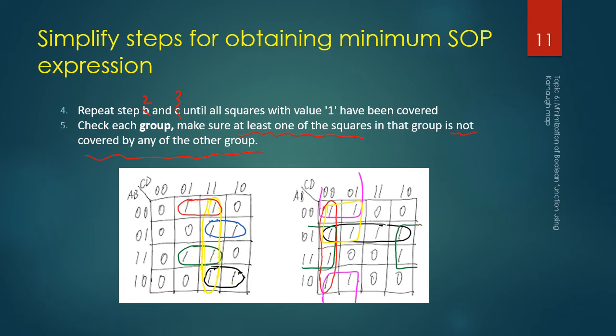They are used in other groups. So this group is going to be a redundant group. This will end up as a redundant term in your result. So you should not group this. Okay. Those 4 groups already covered all they want, so you don't need to do that.